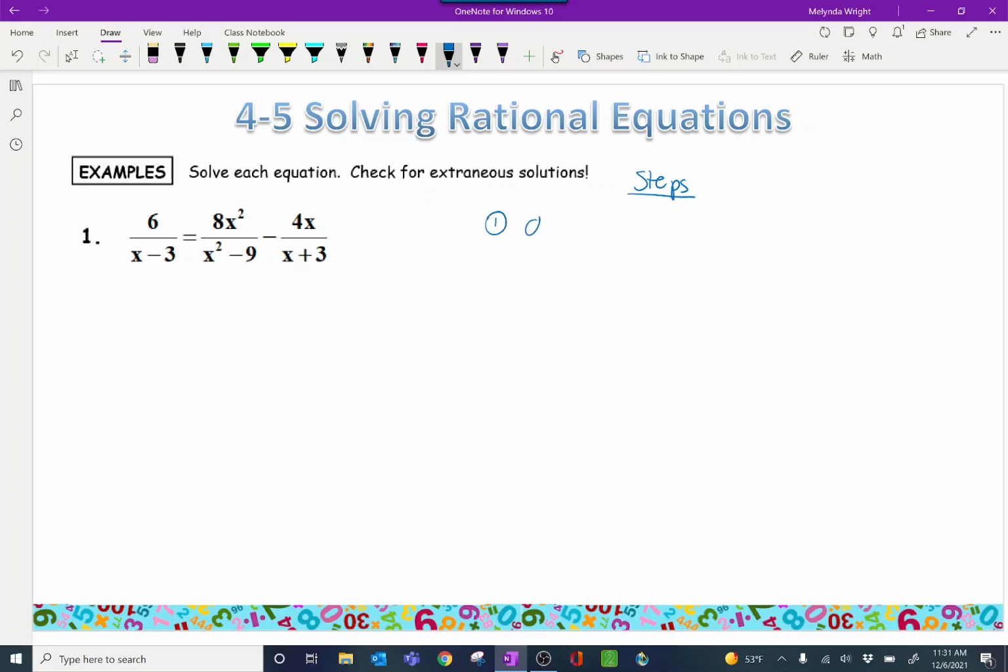So step one, I would determine which x values cannot be the answer. Okay, that's the first thing that I would do. Number two, I'm going to get a common denominator. Number three, I'm going to move all fractions to one side.